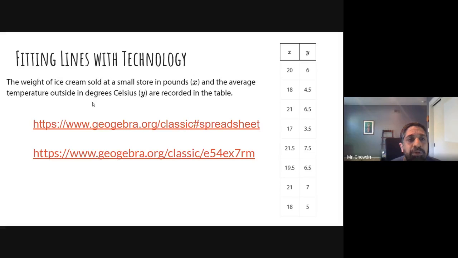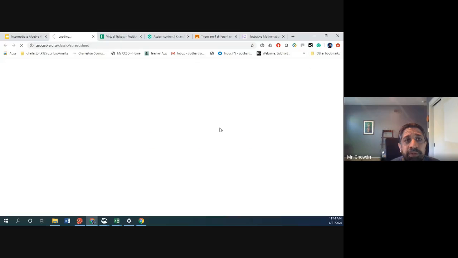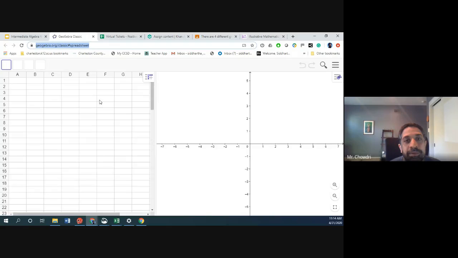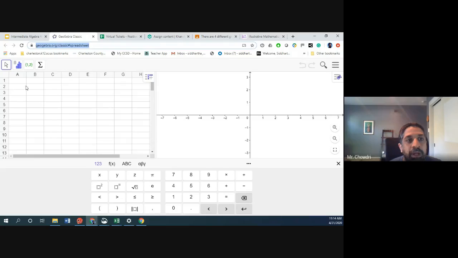For the exit ticket, you're going to want to click on this GeoGebra Classic spreadsheet. When you click on it, it's going to give you this, which allows you to plug in numbers and then do it.